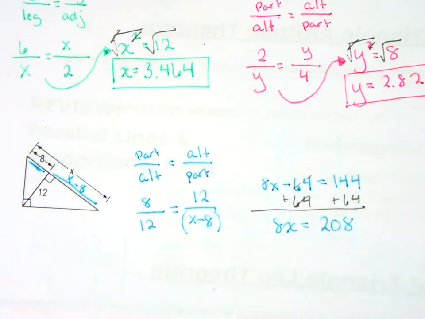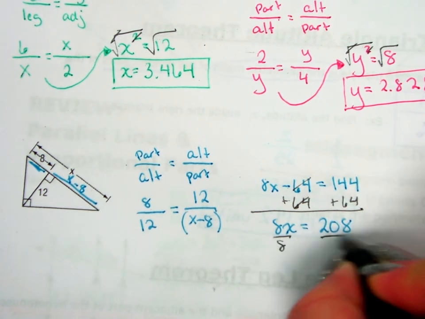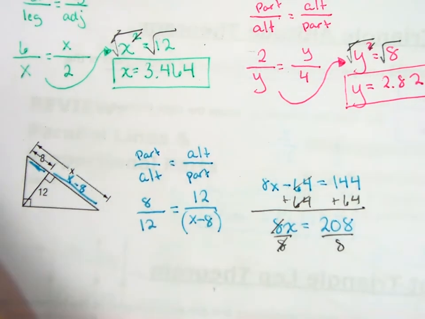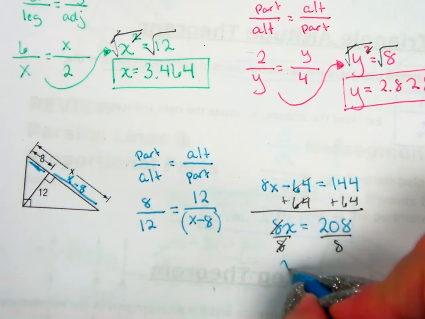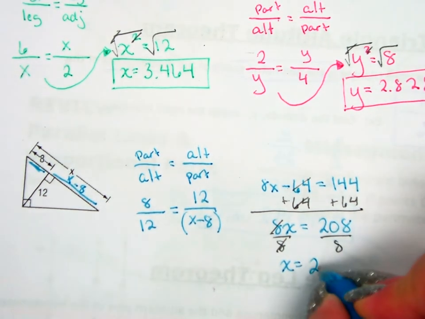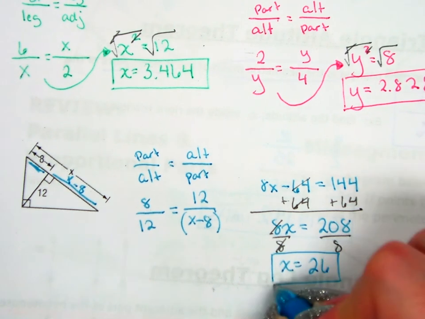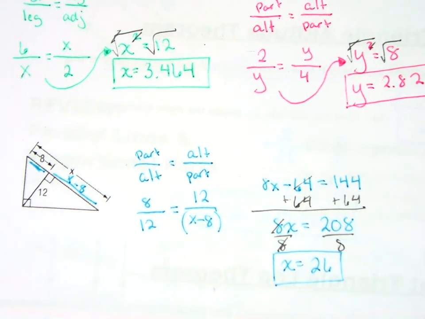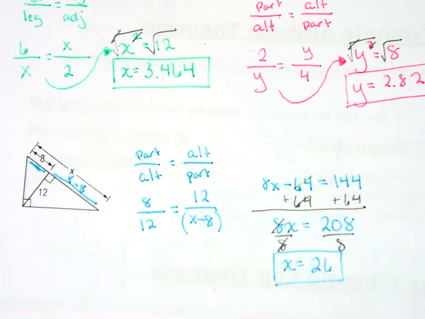Then what do I do? Divide. Division property of equality. And I get x equals 208 divided by 8 is, oh, a nice whole number. We don't even have to round. 26 is 208 divided by 8. Question? Okay.